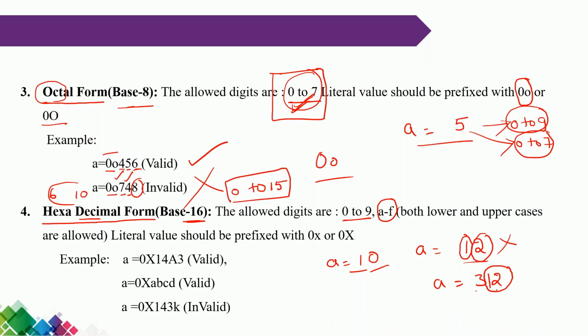Suppose my intention is that this will be considered as a single number in hexadecimal format. That is the reason we are using the letters A to F. Why? Because the only digits are 0 to 9. So if you want to represent 10, instead of 10 write A, 11 is B, 12 is C.